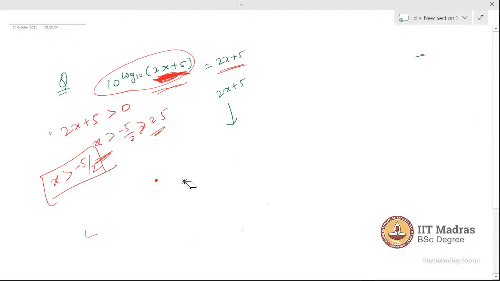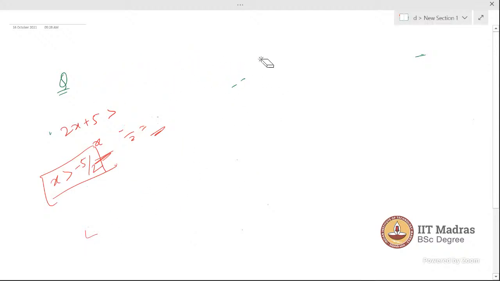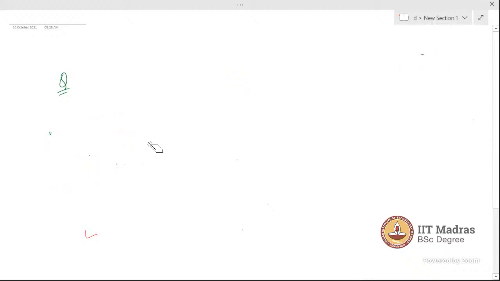Now we have 8 more minutes and we can discuss some more things. I will give you another question here and I want you to answer it. I think whatever I have to tell you, I have told already, and we have discussed it briefly. But just to ask you, how will the graph look for log x plus 5?